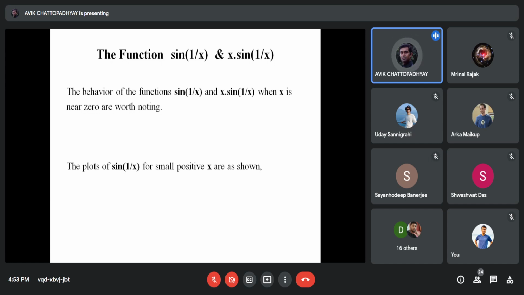But there may be some tricky thing within the argument. So you have to check both. It is not only the operator that matters, it is also the argument. Sometimes the argument may be something like 1 by x or 1 by t. Then it will not be a periodic signal.